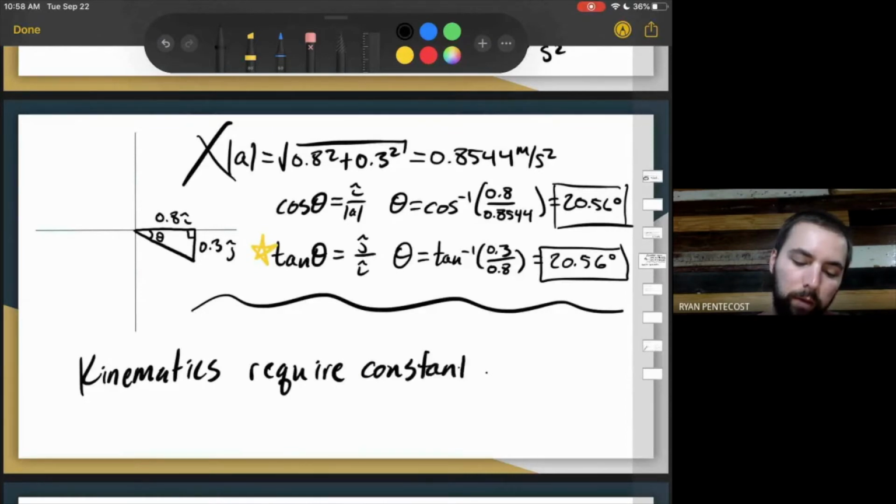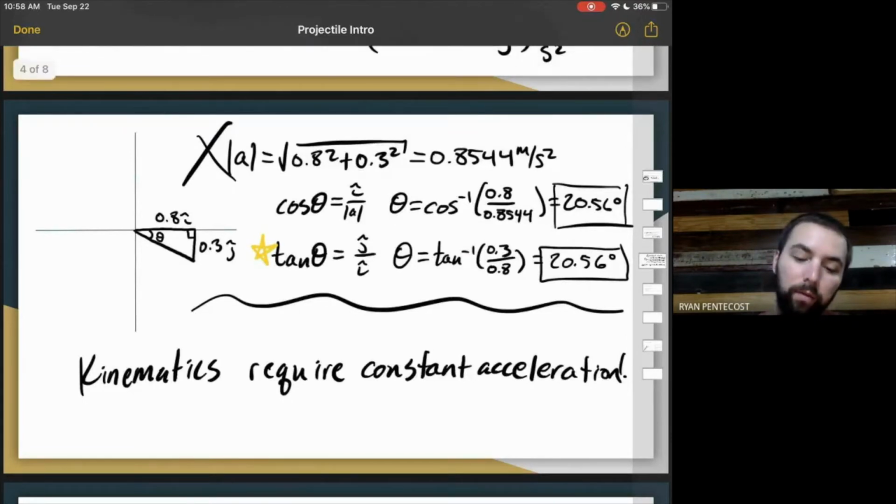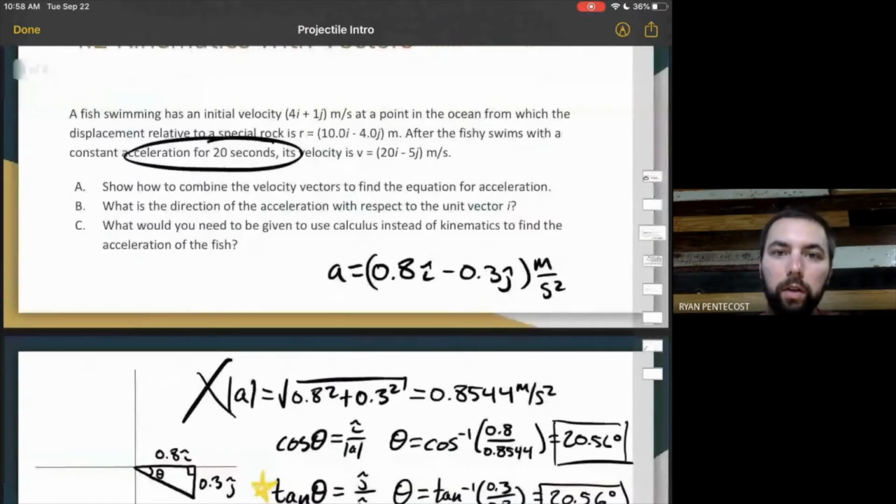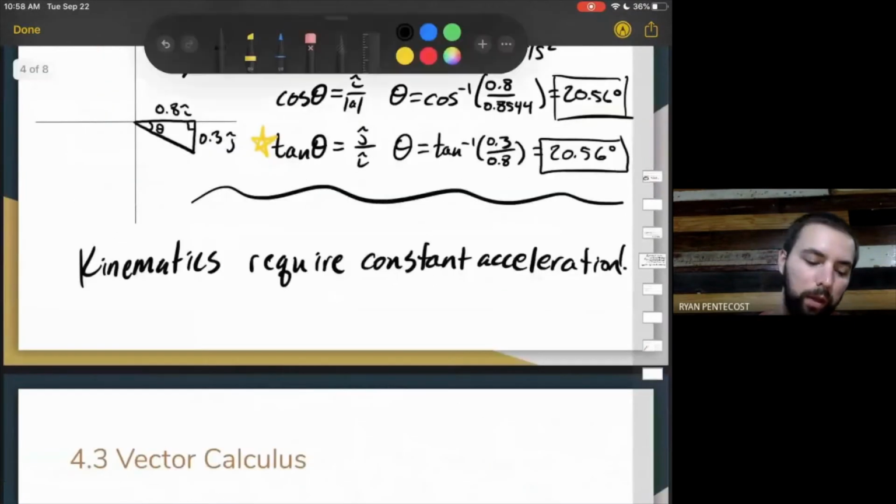You know that. That's the fundamental rule. Our general kinematic equations require constant acceleration. That we have, right? I have it circled right there, constant acceleration for 20 seconds. So that requirement is met.